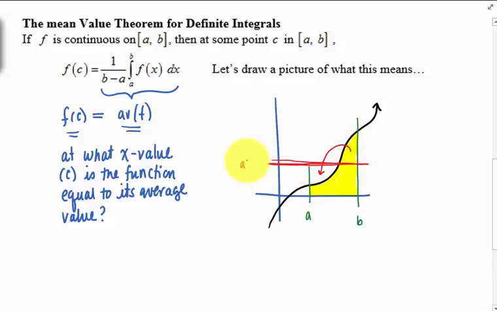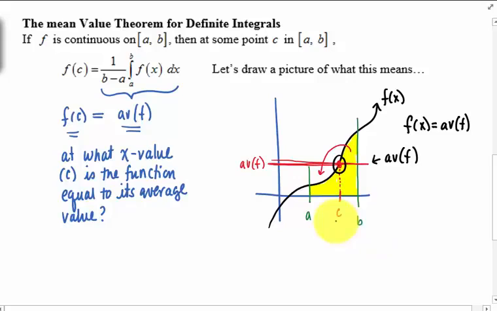So let's say this is our average value of our function. What we're looking for with the mean value theorem is what this c value is right here. And in order to do that, we have to take our function, our f of x, and set it equal to our average value for f.